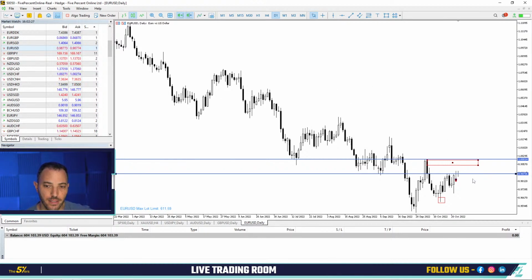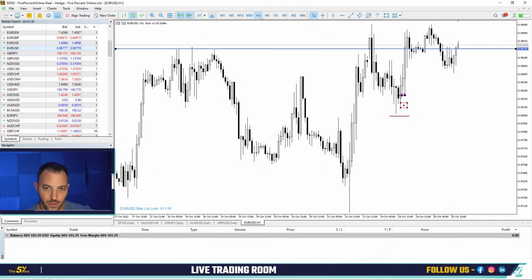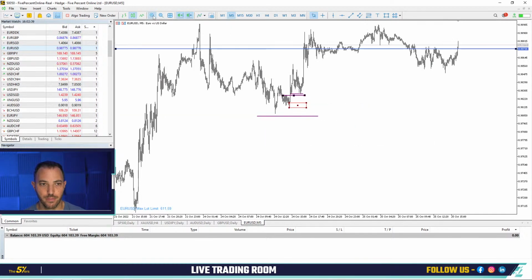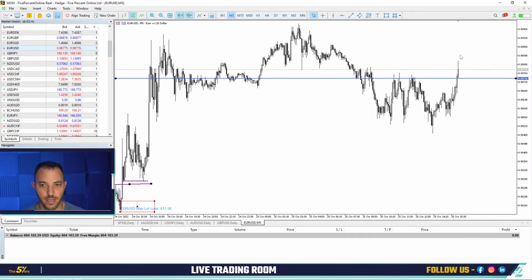If we analyze the Euro, we're just at the top of that channel we're forming on the hourly chart. We're pressing up, and if we go to lower time frames, we see the market trying to pick up a little momentum, with not a lot of supply or resistance back here to stop that.